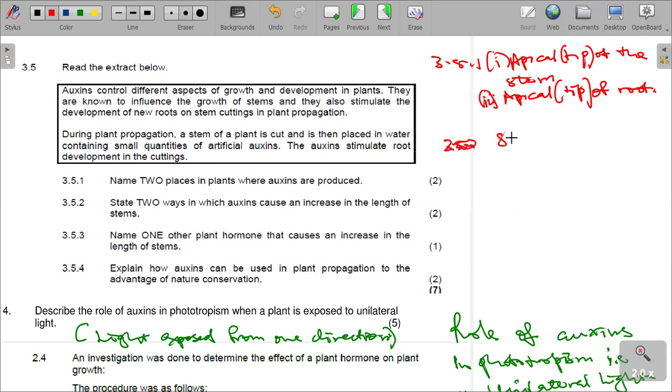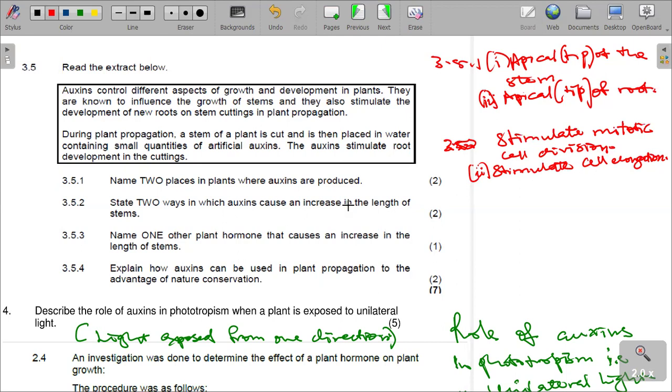One, they stimulate mitotic cell division. That is correct. And then we also need to understand that they stimulate cell elongation. That is quite correct again.